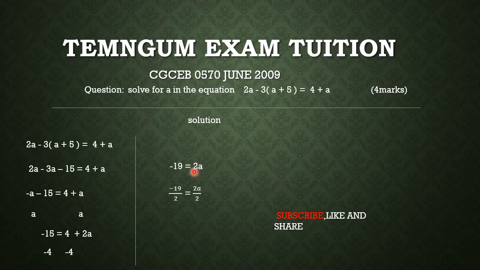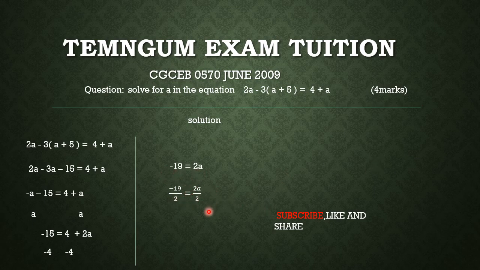Since here 2 is multiplied to a, we use the division rule of equality. That is, if we divide both sides of the equality by the same quantity, both sides of the equation will still be equal. It does not change the expression. So basically, when I divide both sides by 2, this is what I'm going to get.